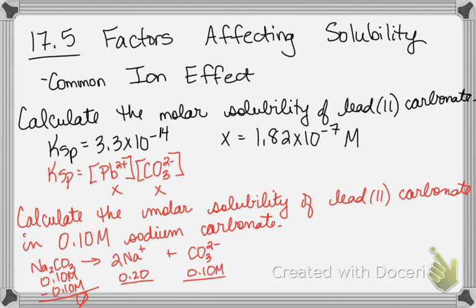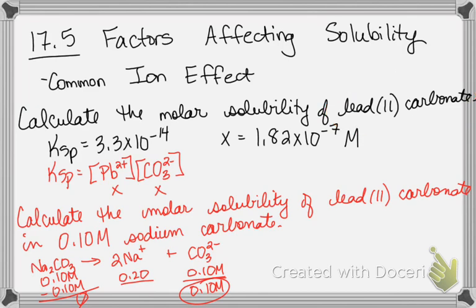You see my ice table? When all is said and done, if I start with 0.10 molar sodium carbonate, then I've already got 0.10 molar carbonate in the solution. See, the sodium's not going to matter. Not because it's a solid, but because in this example, it's a spectator ion. Sodium is not the common ion with the lead 2 carbonate.